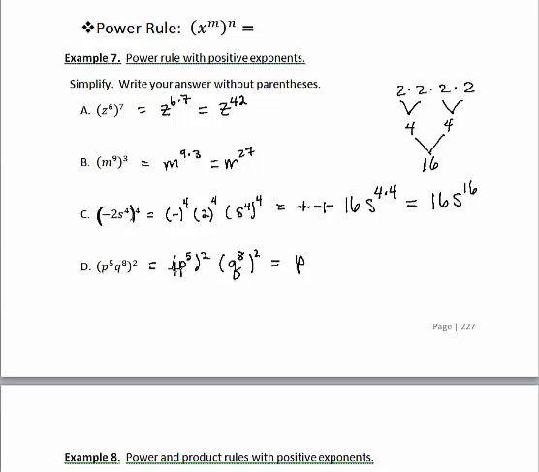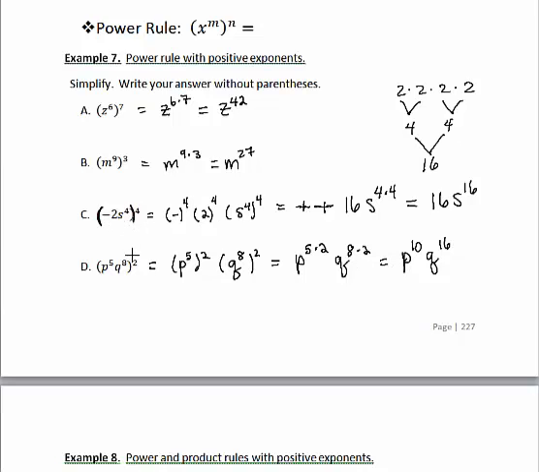This looks identical to the power rule up above. P to the 5th to the 2nd can be written as a p to the 5 times 2, and the q can be written as a q to the 8 times 2, and we end up with a p to the 10th power and a q to the 16th power.